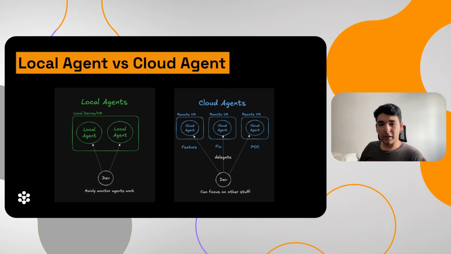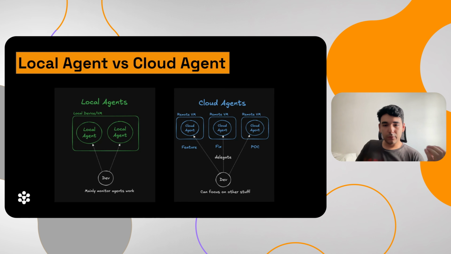But this is the case for cloud agents, so there's a difference here. With this approach, you actually delegate whatever you need to an agent, but in an isolated environment. In this case, it's going to be working on a remote machine, on an external server.